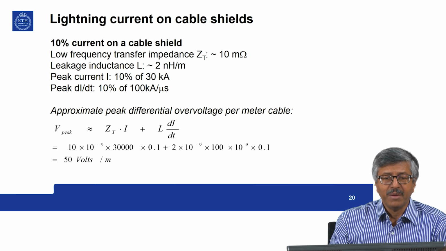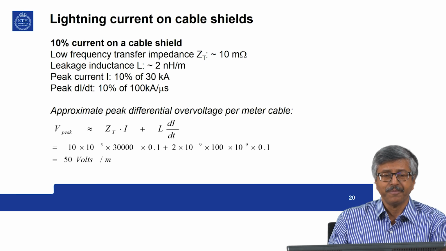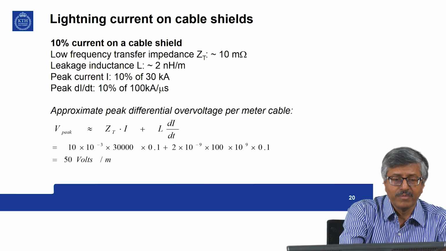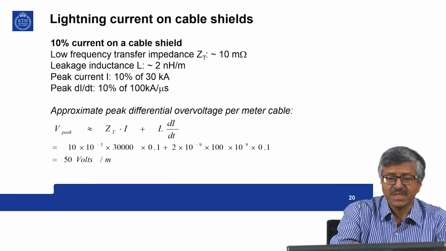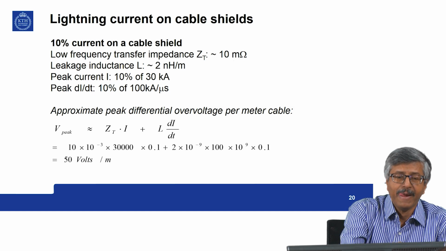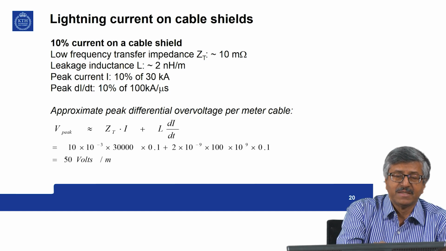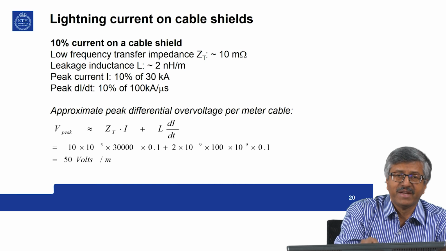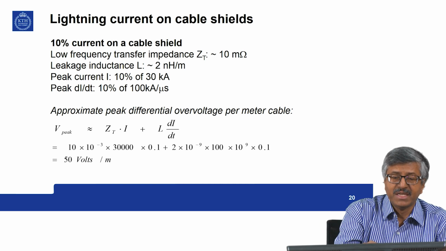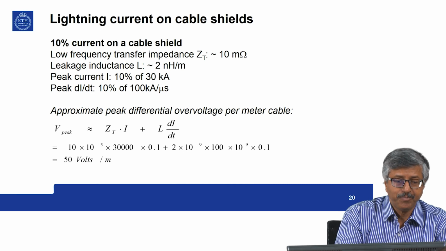Lightning current on cable shields. We have seen the transfer impedance of cable shields before. Suppose 10% of lightning current is in a cable shield. The low frequency transfer impedance is, let us say, 10 milliohms, which is the DC resistance, and the leakage inductance, which indicates how much magnetic field will penetrate through the shield, let us say is 2 nanohenry per meter.